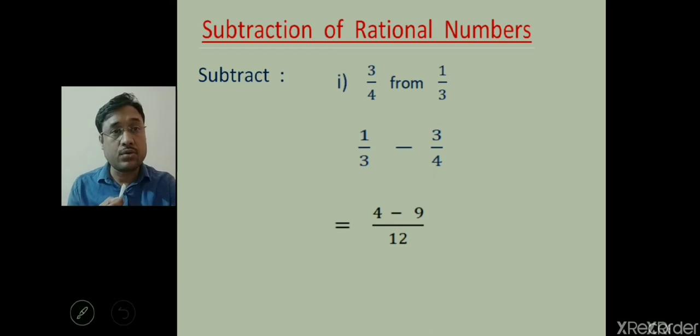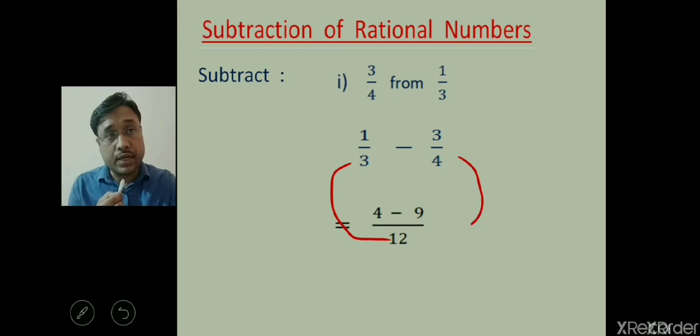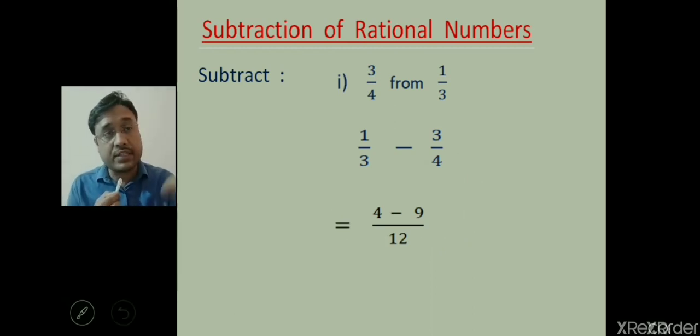Now, how many times does 3 go into 12? 4 times, so we multiply the numerator 1 by 4, which gives 4. Now how many times does 4 go into 12? 3 times, so 3 multiplies the numerator 3, which gives 9.